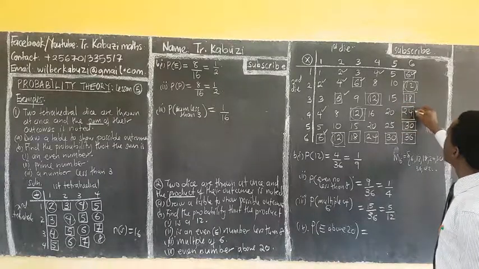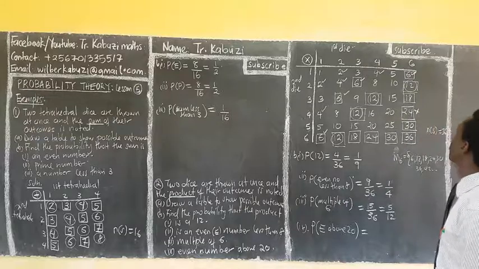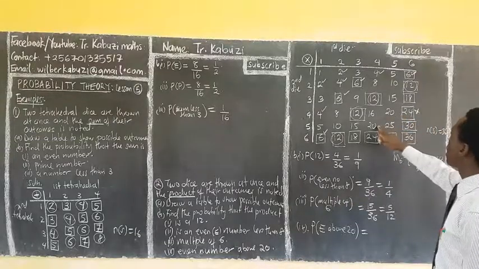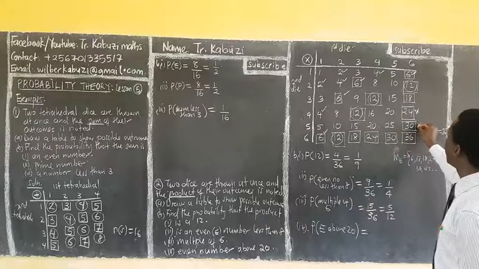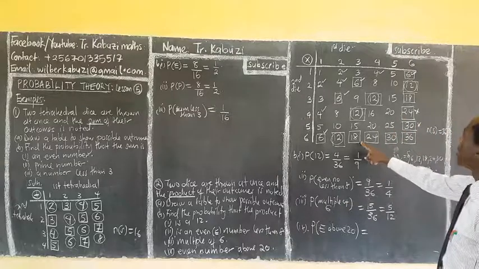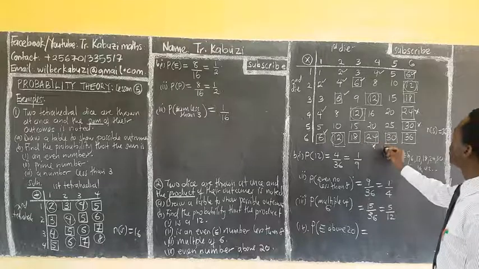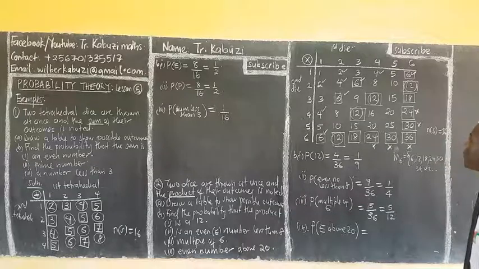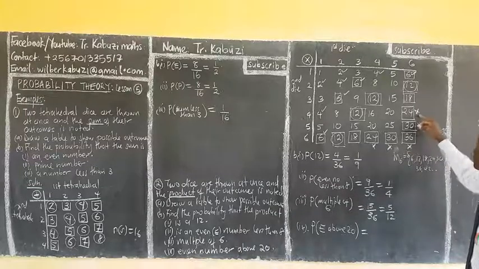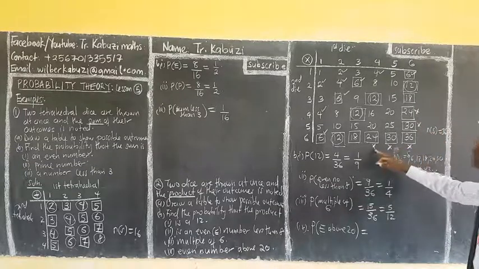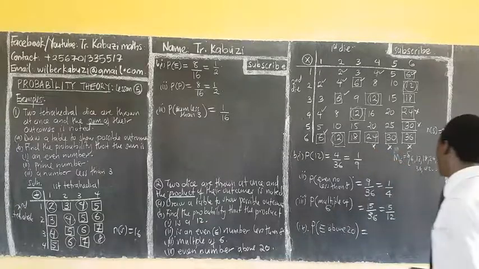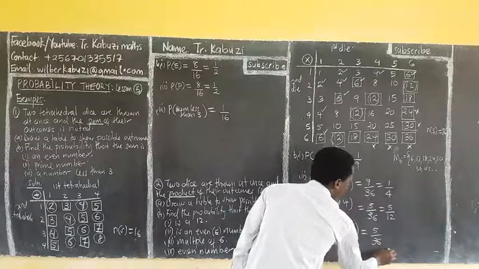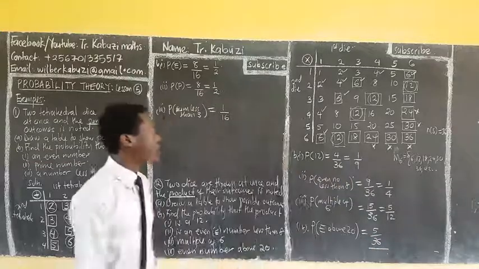Let me mark them. It's even and above 20. This one is also even and above 20, this one too. So those are the only cases we have. Even numbers above 20: 1, 2, 3, 4, 5. Yeah, they are 5 over 36. And I think that's all we can get.